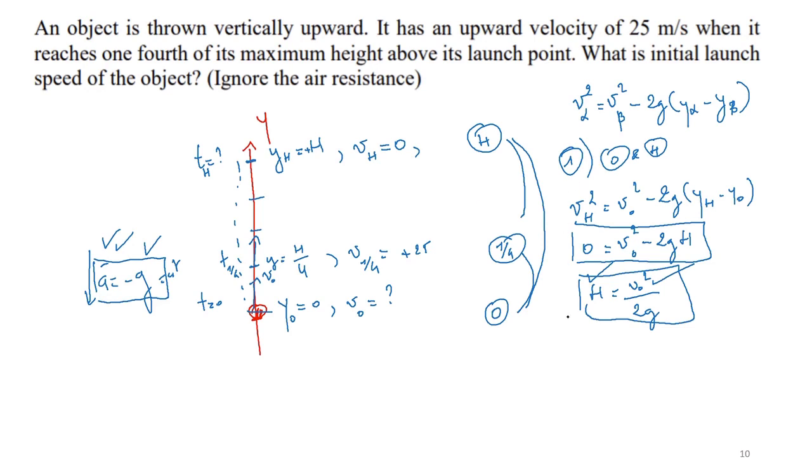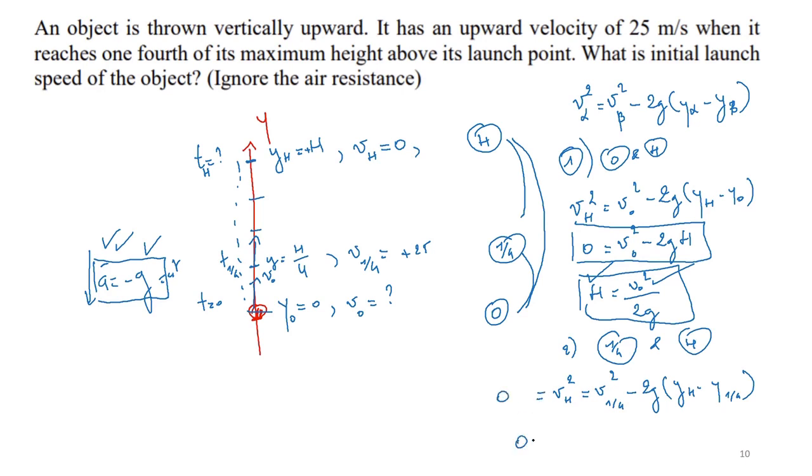So now let me apply this equation here between 1/4 and H. I can say that VH square is equal to V1/4 square minus 2G (YH minus Y1/4). So VH square is 0.